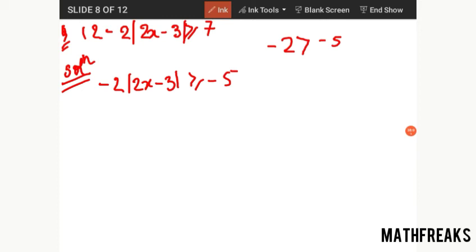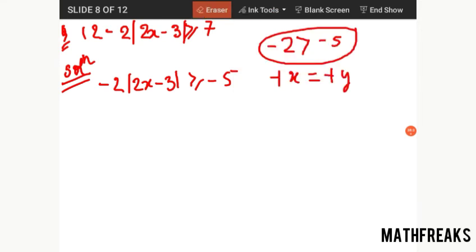Now if we find an equality like this, say minus of x is equal to minus of y, what we do is we multiply both sides by -1, then we get x is equal to y, right? But for an inequality we cannot do so.